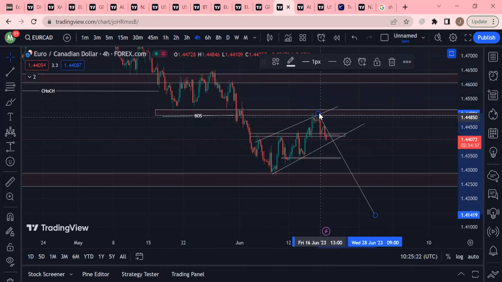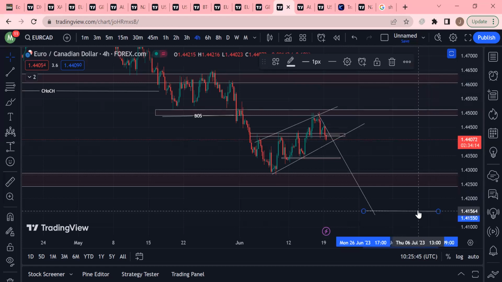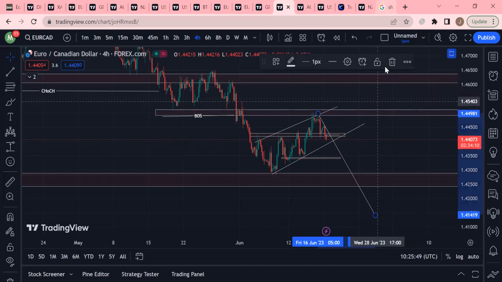If you're taking this trade from here, or taking this trade from here conservatively, you can see that we're coming to 1.4140. So that's the last TP, we can put it at probably 1.4150. So instead of that, I don't use this. Let me not use that.